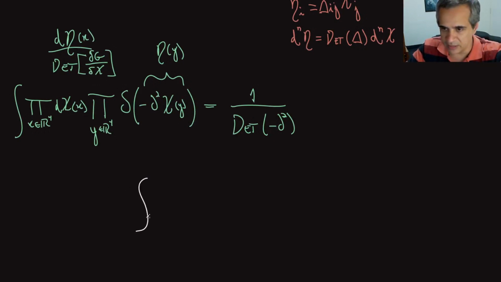Suppose I take some path integral over this function c, the c of x that is on the gauge fixing condition, and I write just a Gaussian term for it. Alpha is just any number. D for x of c squared of x.